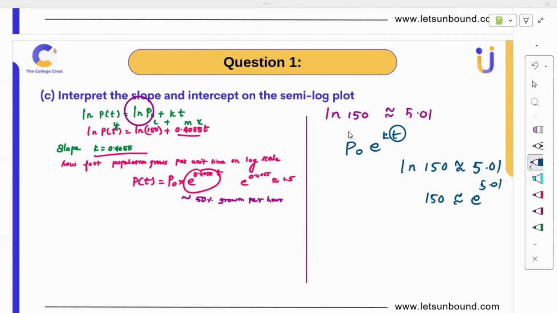So the intercept represents the starting size of the bacterial colony. In regular terms, you will say 150 is the starting size, but on the log scale, the intercept is ln 150, 5.01, which represents the starting size of the bacterial colony.